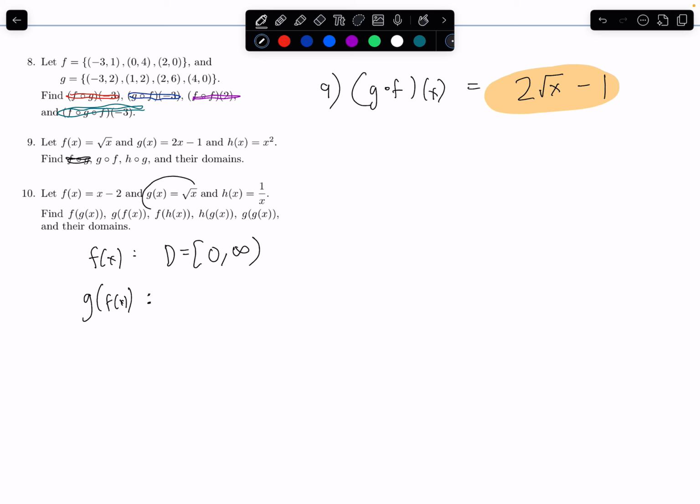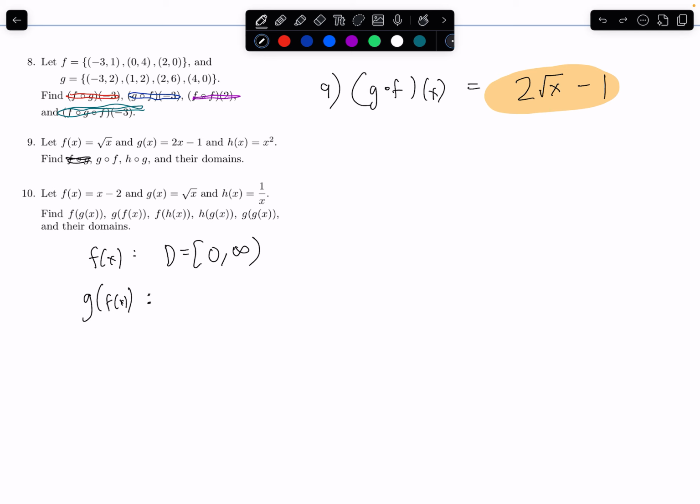Where's the domain for g of x? G of x, oops, I'm looking at the wrong spot, guys. G of x over here, 2x minus 1. Now, any outcome from the f of x function that I plug in is going to be positive, and any of those things could go in here.